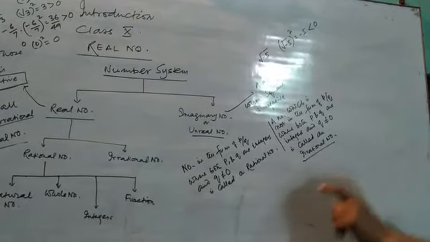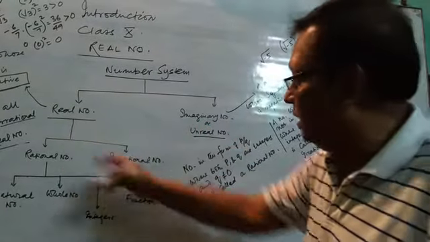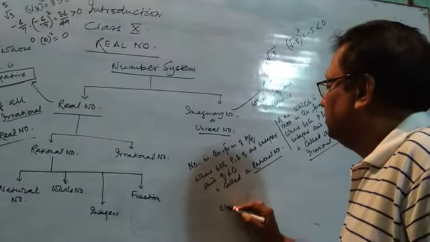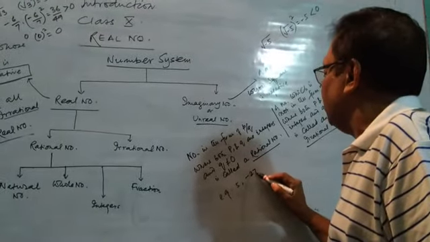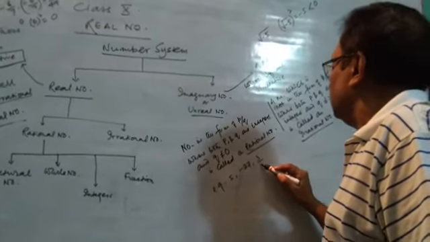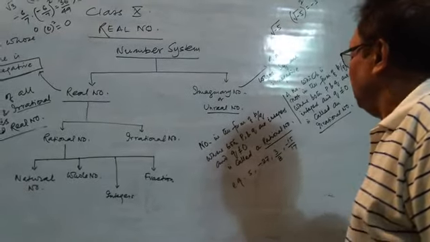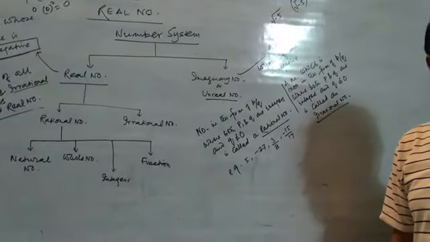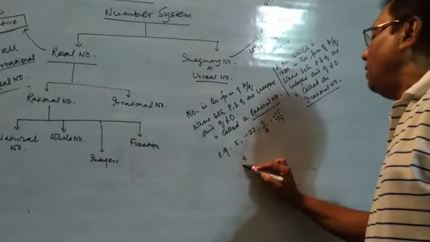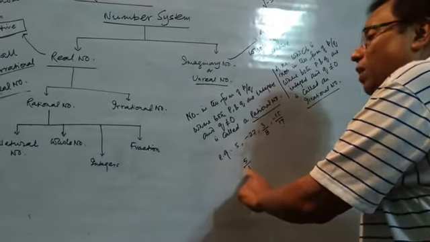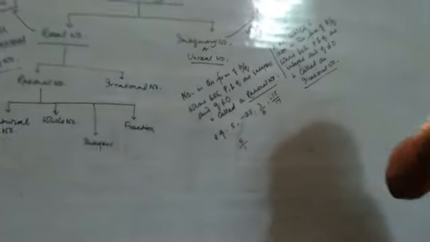So suppose now we have to give the examples of the rational number. Examples will be 5, minus 27, 3 by 8, minus 15 by 17. All these are examples of rational numbers. Now 5 can be written as 5 by 1, where 5 and 1 both are integers and 1 is not equal to 0, therefore 5 is a rational number.